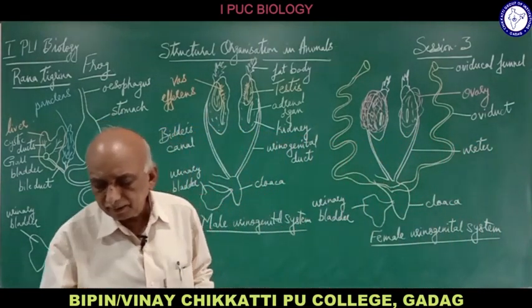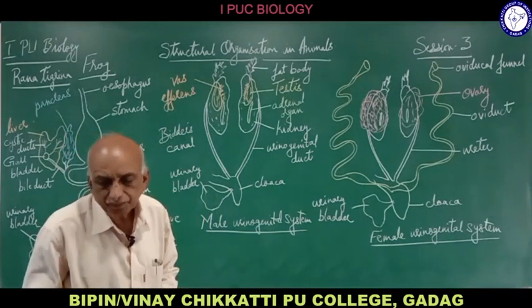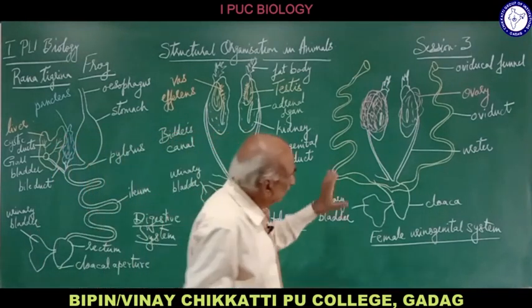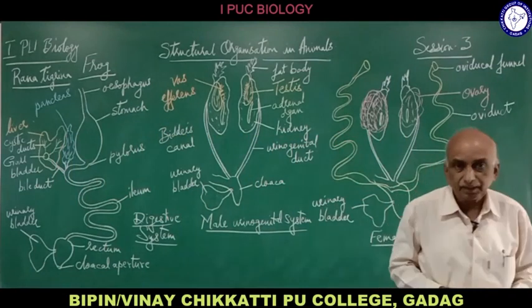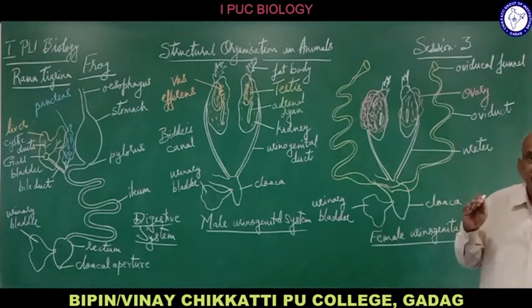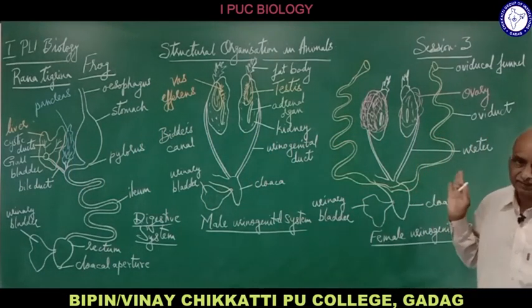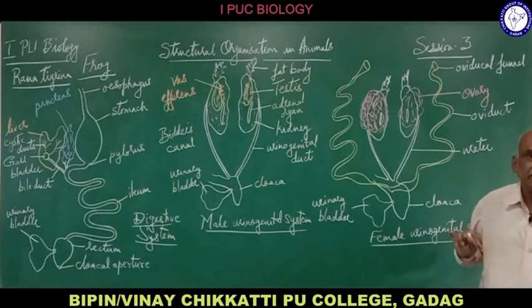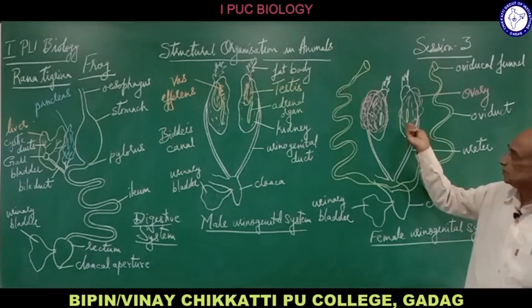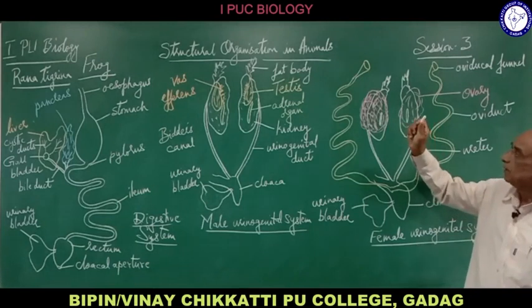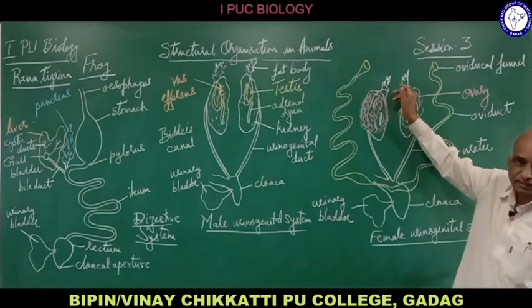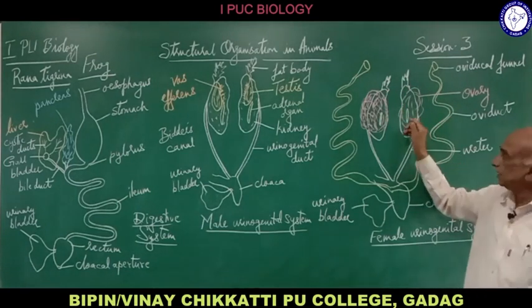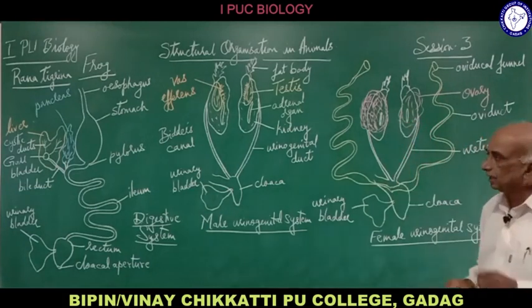This mesorchium, present on the surface of the ovary, helps in attachment to the kidneys. There is no connection between the kidney and the ovary. Similarly, there are two ovaries here, and as usual, the kidneys have the fat bodies and the adrenal gland.